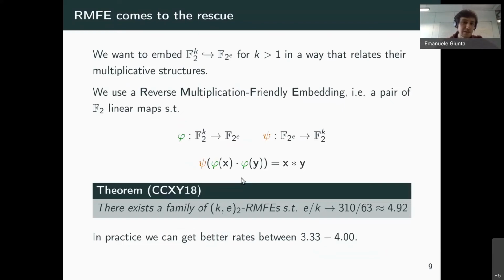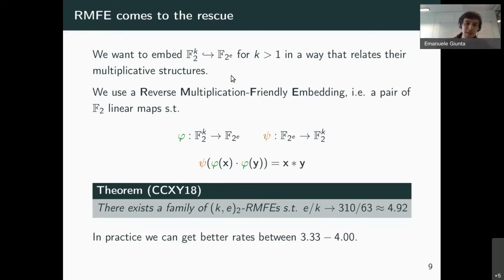So what we use is a reverse multiplication friendly embedding. This tool comes from algebraic geometric codes, or even Reed-Solomon codes in a specific case. Essentially, there is a pair of linear maps that allow us to encode k bits in a larger field of dimension e. Hopefully, k is larger than 1, and that's what we are aiming to achieve.